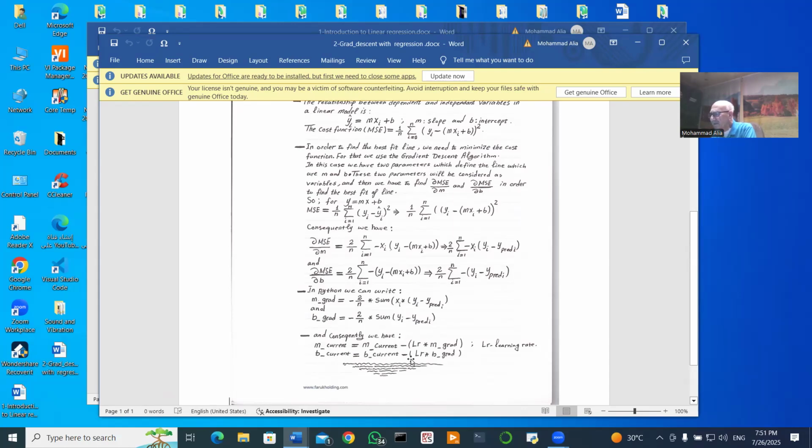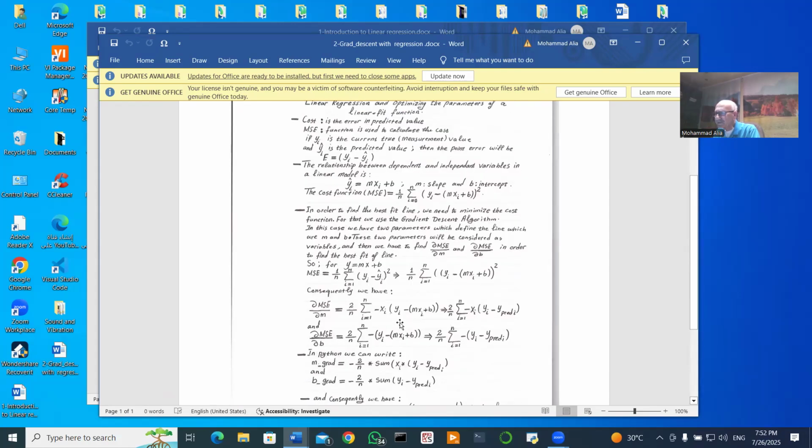We continue doing that until we reach the number of iterations which we want, or until we come to the condition where the derivative equals 0. So when we come to the end of the gradient descent iterative process, we come to a minimum value of the objective function, which means for these new specific values of m and b, we can say that this is the best linear fit.